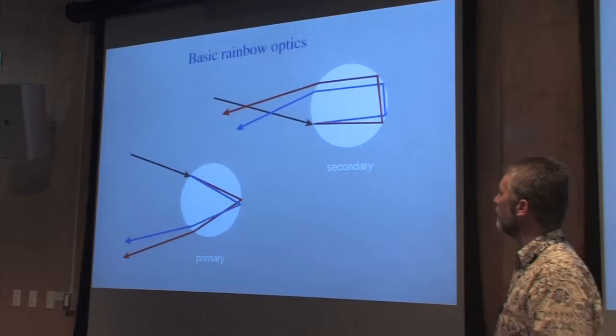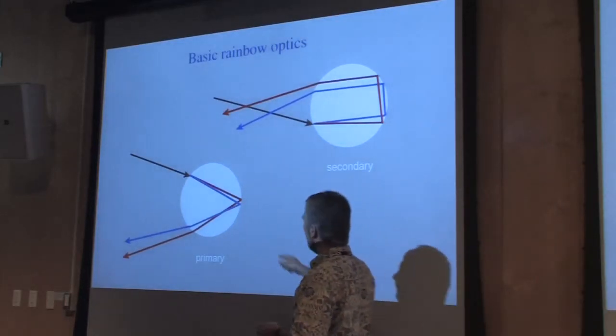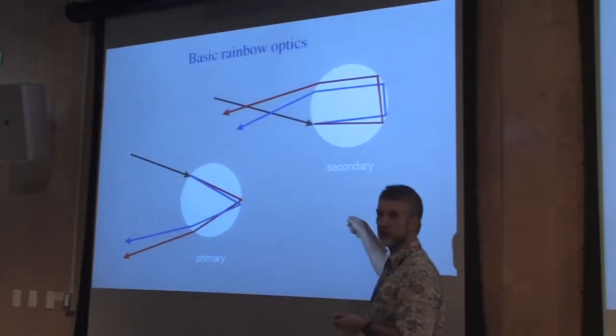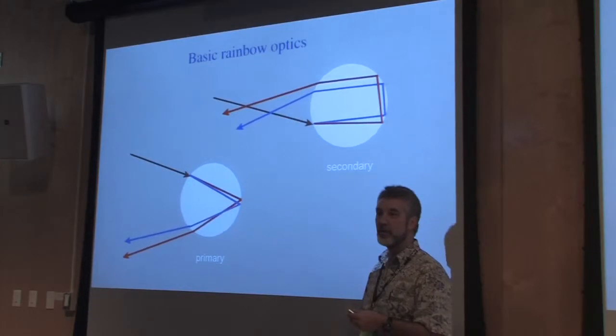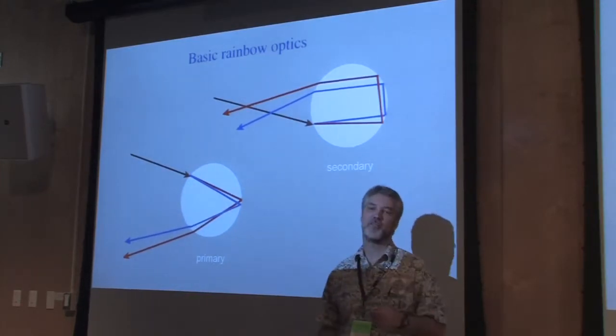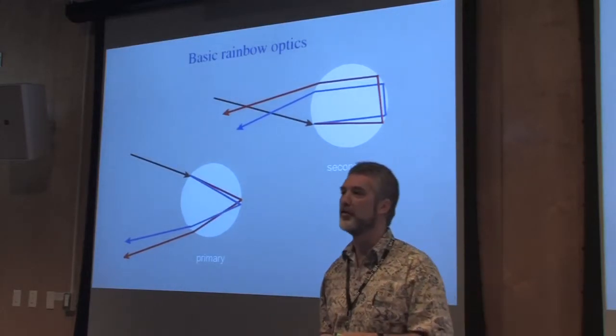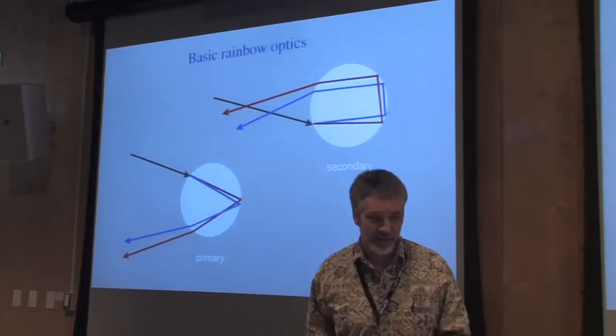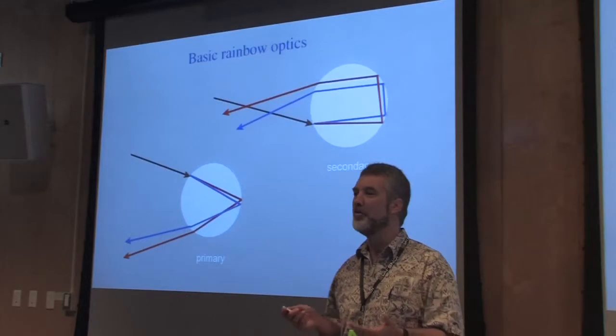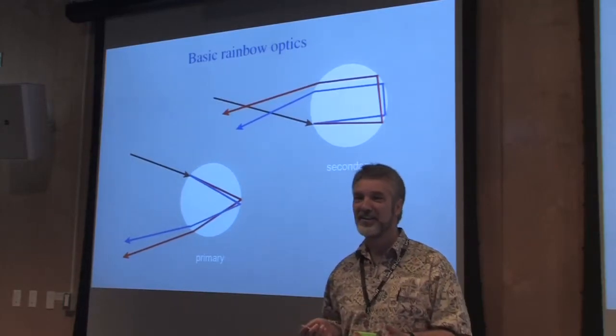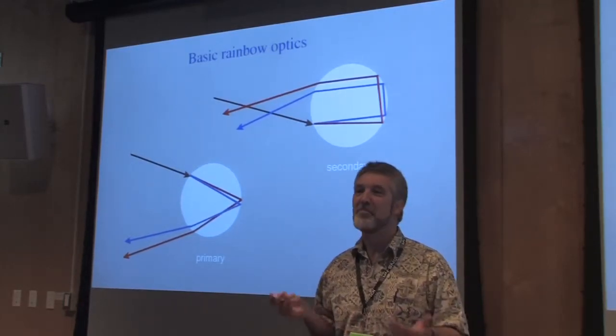At the back of the raindrop, I don't show it, but most of the light goes right on through. Okay, that's a common misconception. A lot of people, even textbooks I've seen, say that this is a total internal reflection. It is not. If it was, rainbows would blind you. Right? So it can't be right.